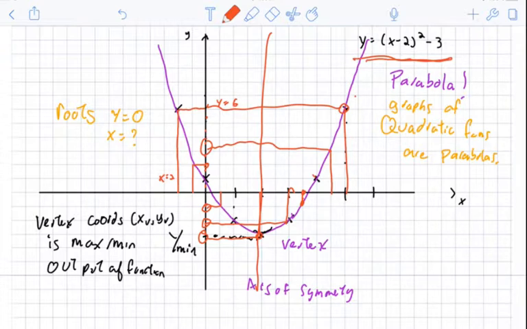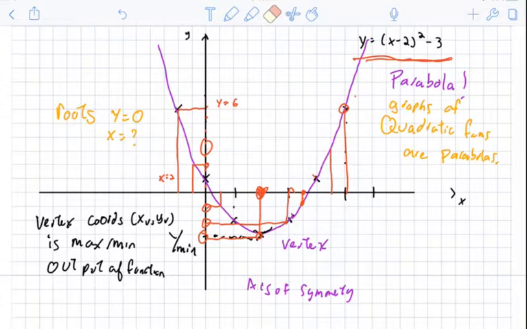And at the vertex, that's the input corresponding to the minimum output in this case. So those geometric features and the algebraic features are reflected in each other. Knowing about the algebraic features tells you what the geometric features are, and knowing what the geometric features are tells you about the algebraic features. It's pretty lovely.